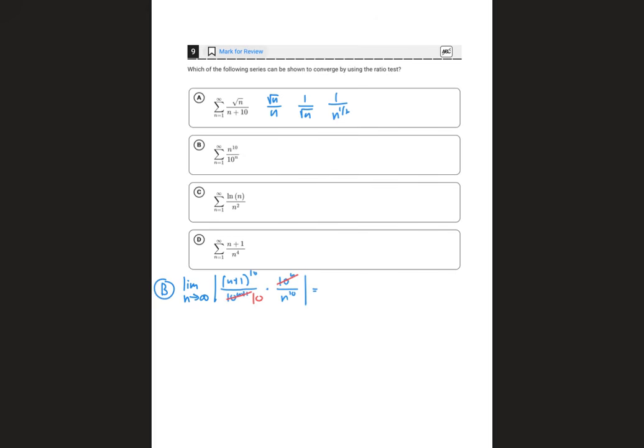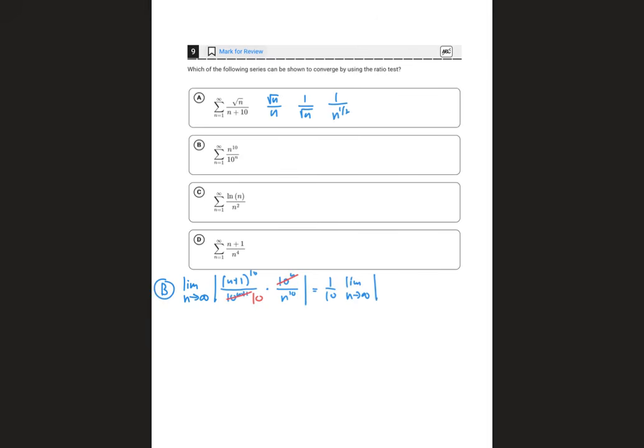Since there's a 10 in the bottom, I'm going to pull out a 1/10 to get that out of there. And then this is really just the limit as n approaches infinity. We don't really need the absolute value because these n's are always positive.